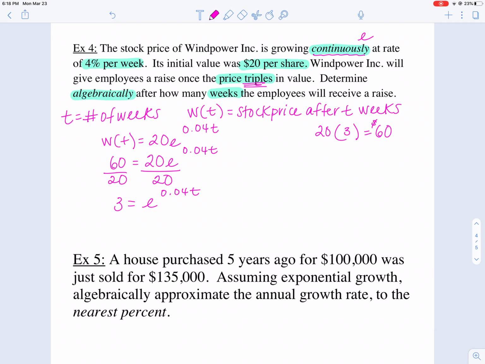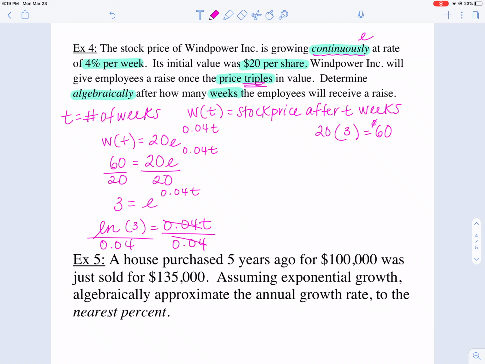That base of E, rewrite it with a natural log. So I am going to write underneath here that, again, a log is an exponent, and the base doesn't change. So the natural log, you don't have to write the base of E, of 3, is going to equal my exponent of 0.04 T. And that last step, divide both sides by 0.04.